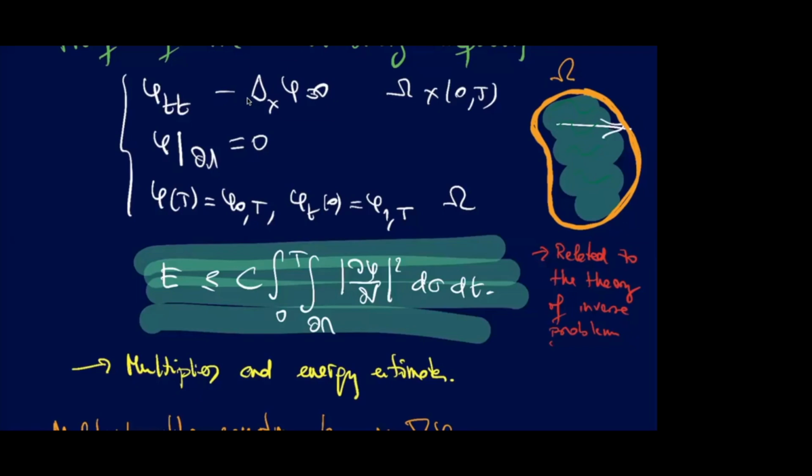This is, of course, very important as well when you are considering the search and the management of natural resources like oil or water underneath, right? So we are sending signals from the surface of Earth in order to detect what is inside.